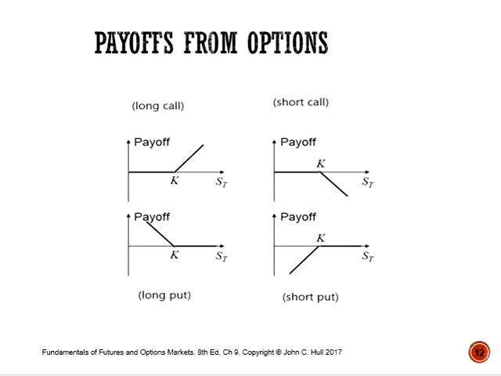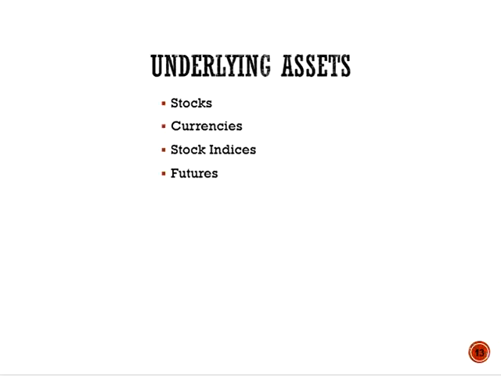The last part of this video will introduce several types of underlying assets, including stocks, currencies, stock indices, and futures. Stock options. Most trading in stock options is on exchanges. In the United States, the exchanges include the Chicago Board Options Exchange, NYSE Euronext, which acquired the American Stock Exchange in 2008, the International Securities Exchange, and the Boston Options Exchange.